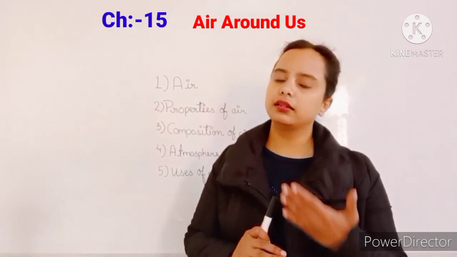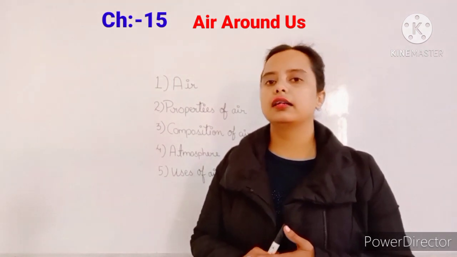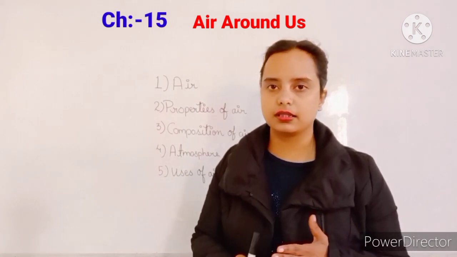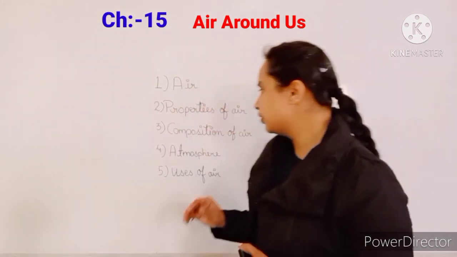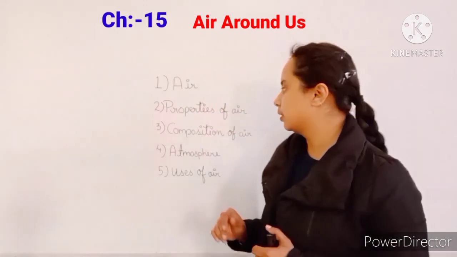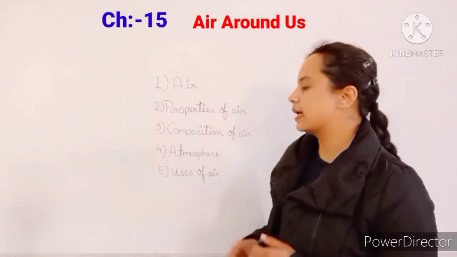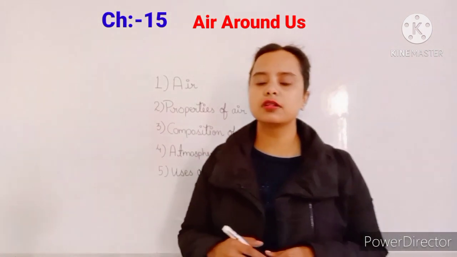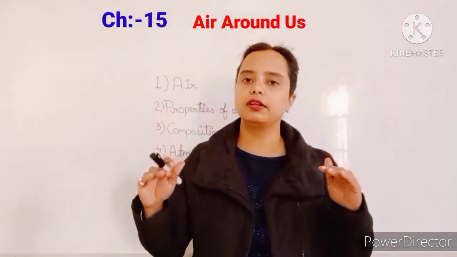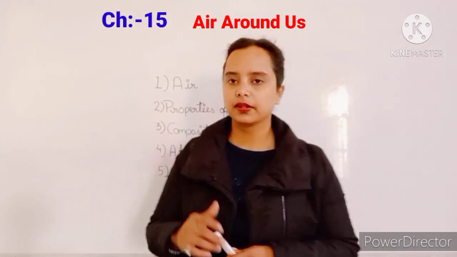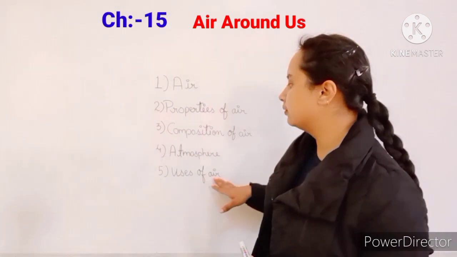There are some other gases also, and their percentage is 0.17%. So you have to learn these proportions and the composition of air. Now what is the atmosphere? The atmosphere is basically a layer of different gases, which is commonly known as air.